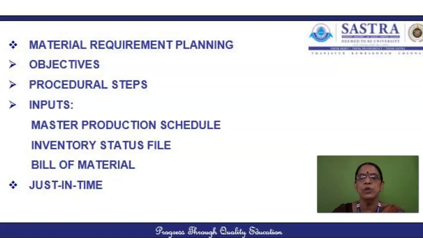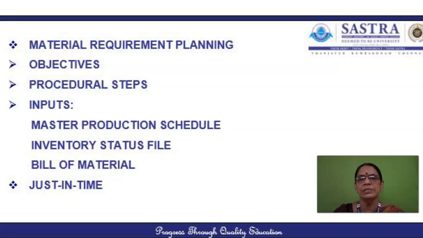Basically, the job of the inventory status file is to keep the data about the projected use and receipts of each item and to determine the amount of inventory that will be available in each time bucket. If the projected available inventory is not adequate to meet the requirements in a period, the MRP program will recommend that this item is to be ordered.